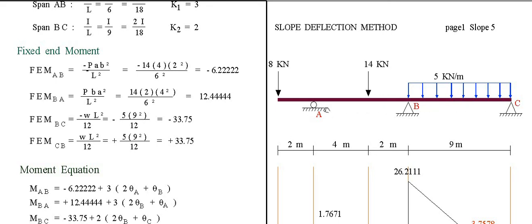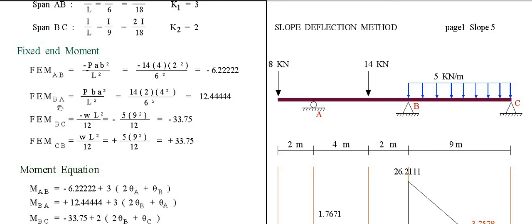The fixed end moment at A here is minus. Okay, that is why we have a minus. Alternate sign, start with negative, then positive, negative, positive. If we have more span, just continue negative, positive, negative, positive.